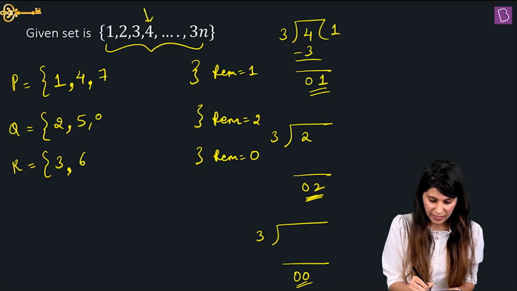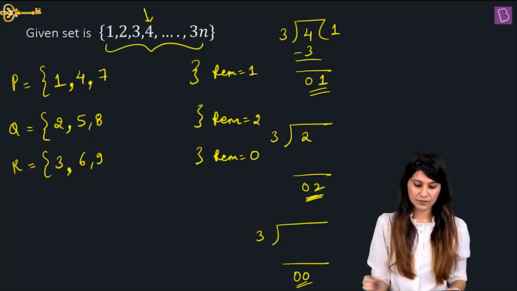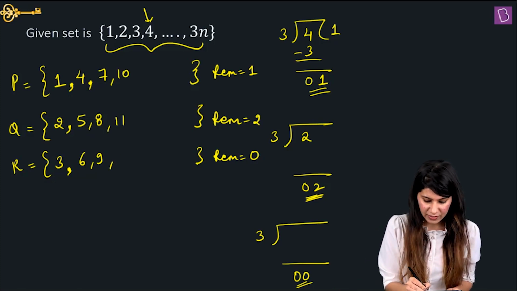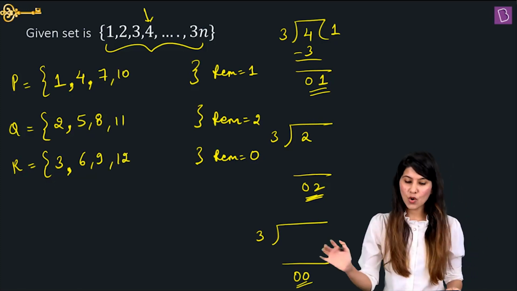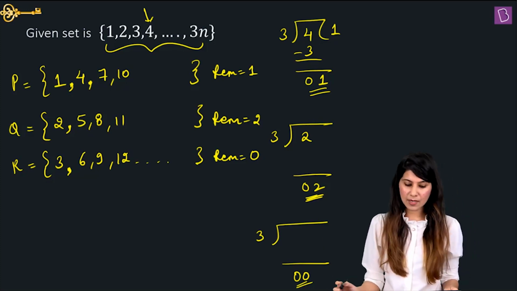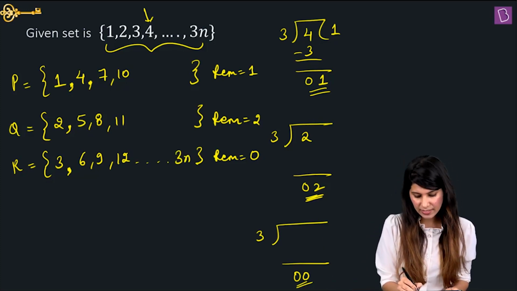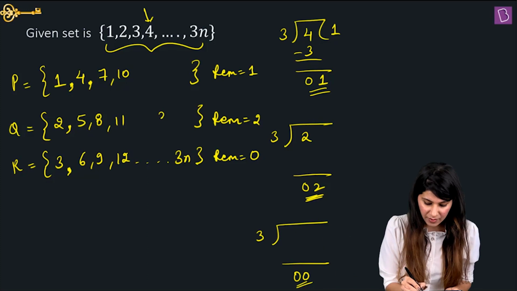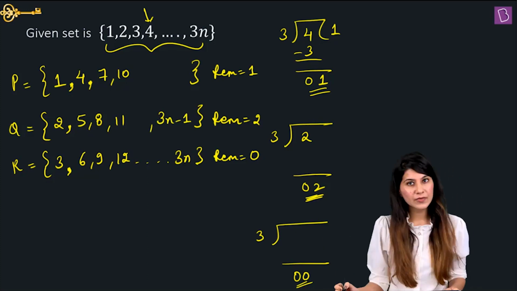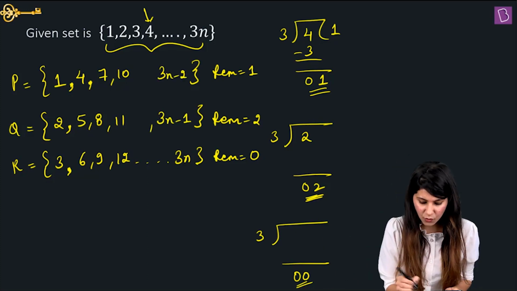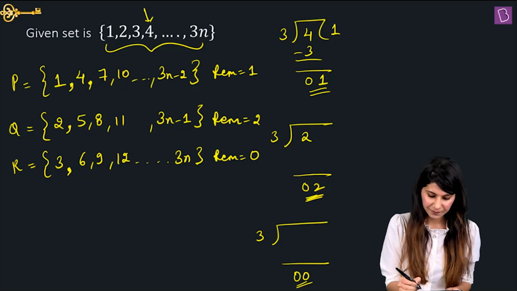Then 7, 8, 9, 10, 11, 12 and so on. And here the last number in set R would be 3n because 3n is divisible by 3. 3n minus 1 will sit over here and 3n minus 2 will sit over here.